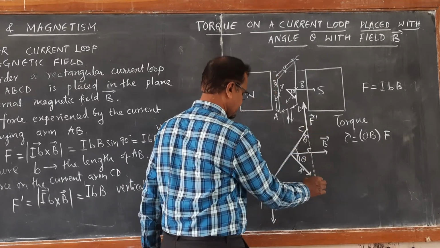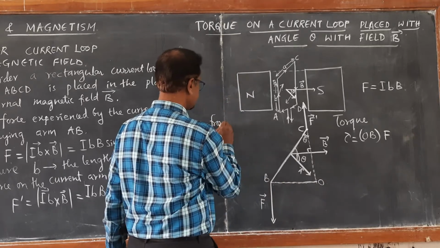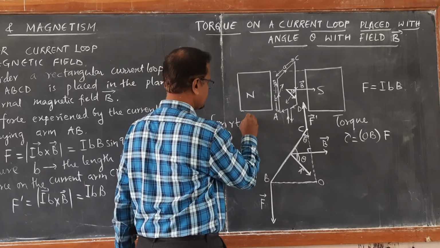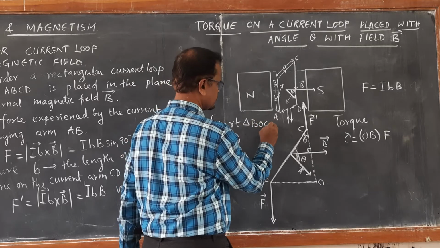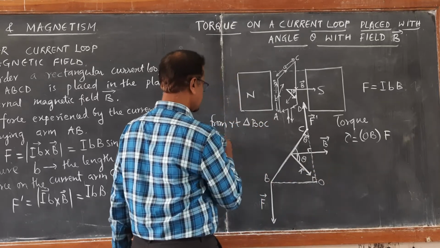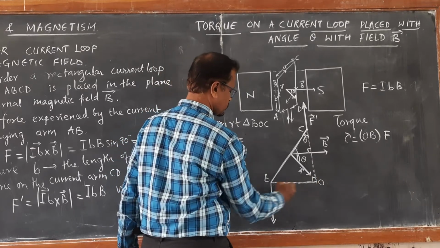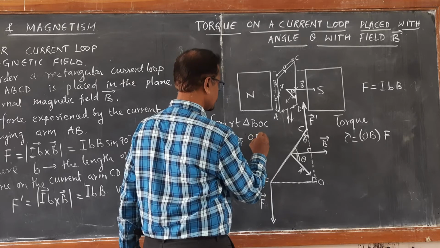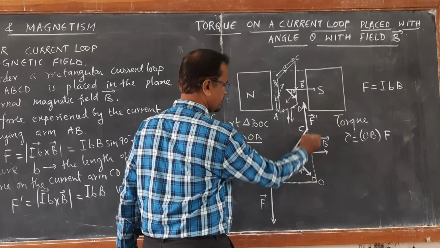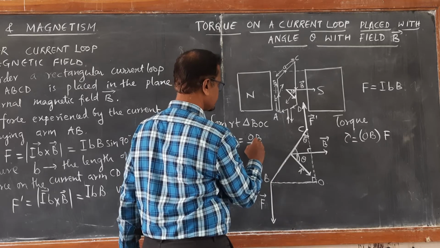Consider the right angle triangle BOC. From right triangle BOC, you see this is a right angle triangle. So sine theta is equal to OB, that is the opposite side, divided by the hypotenuse BC.